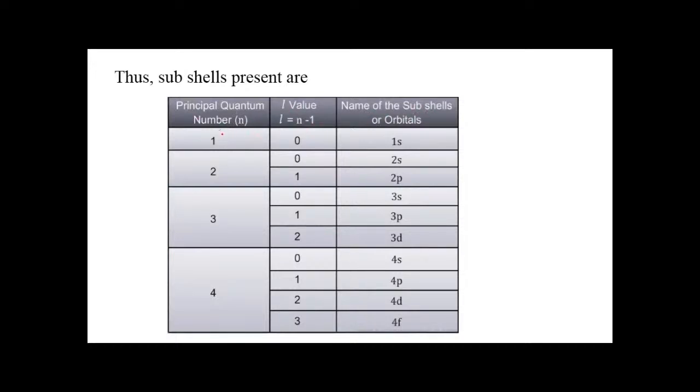Here the principal quantum number is 1, 2, 3 and 4. It means shell number 1, 2, 3 and 4 are involved. These are the l values which are already calculated, and these are the names of the subshells which are present in each main shell. Okay, we have to calculate the l value here.